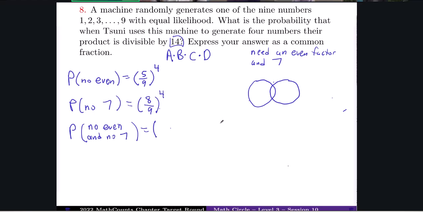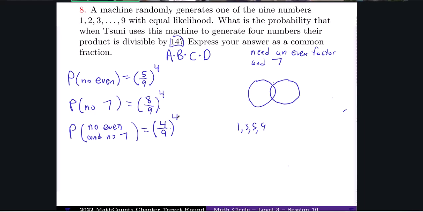Namely, you could have 1, 3, 5, or 9. So there are 4 of these things that are both not even and not 7. And so the probability of that happening would be 4 over 9 to the 4th power, in a similar way that we did our last ones.